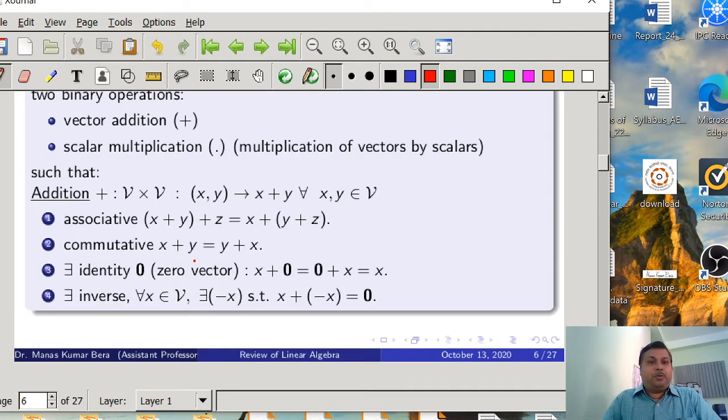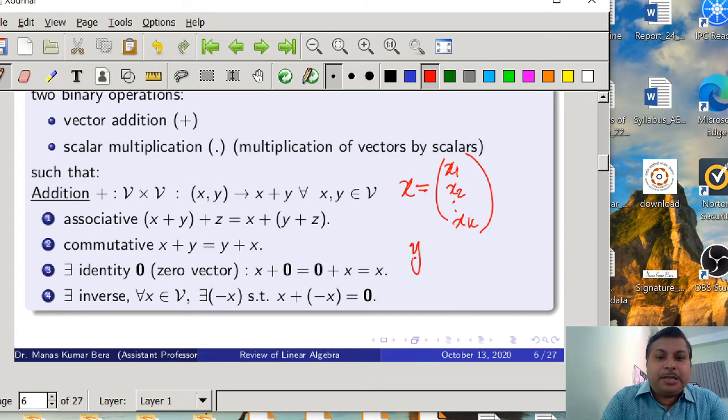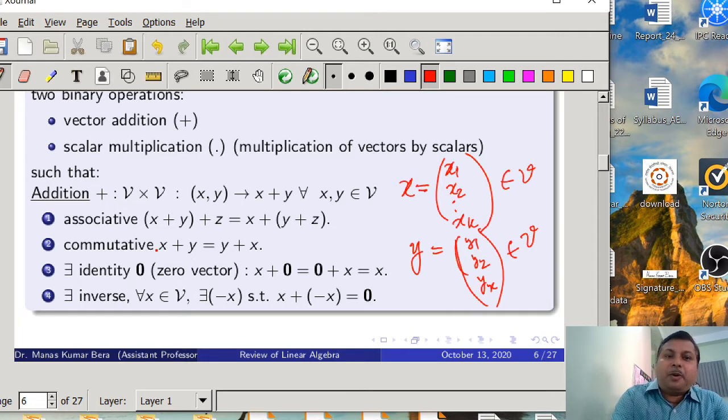For commutativity, suppose we choose a vector x having k components, x1, x2, up to xk, and another vector y, y1, y2, up to yk. Definitely x belongs to the vector space V and y belongs to V. Now x plus y can be shown to equal y plus x.